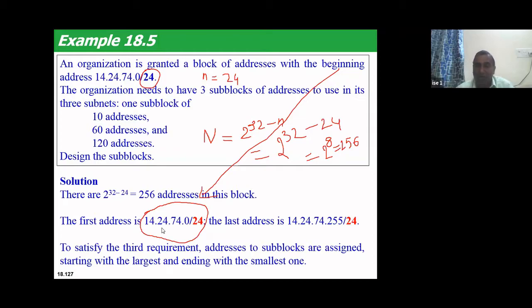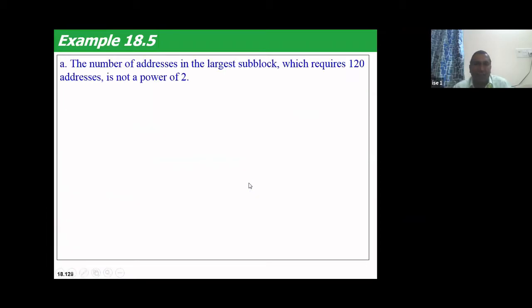Now they want to subdivide into 3 subnetworks, giving the first subnetwork 10 addresses, the second 60 addresses, and the third 120 addresses. Let us see how exactly this can be done.